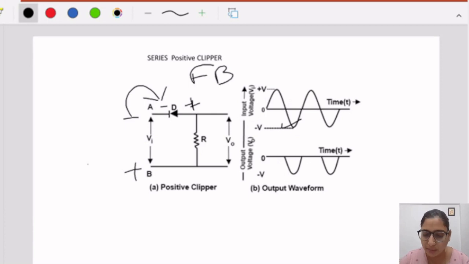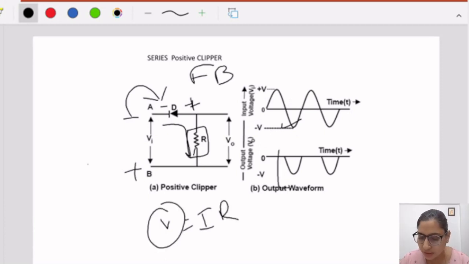If the diode is forward biased, it will allow current toward this resistor. If it is allowing current toward this resistor and working as a conducting path, then we will get some current across this resistor, and V equals IR. So we will have some voltage across this resistor, and this voltage is nothing but the negative half cycle.